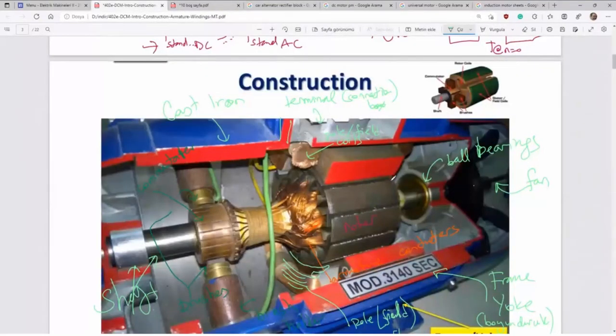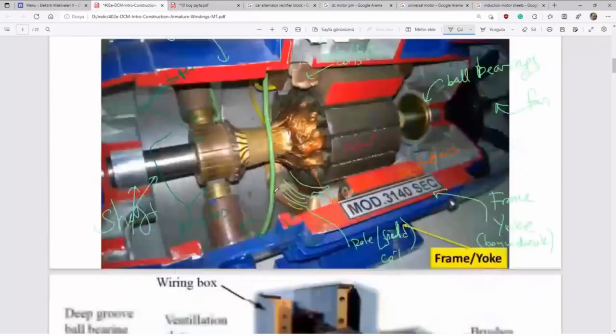We can make it cheaper by using cast iron, ordinary cast iron, because there is no alternating current. There is no eddy current and Foucault or hysteresis losses in the yoke part. So there is no need to use expensive ferromagnetic materials. We can use simple cast iron materials and it will be cheaper.